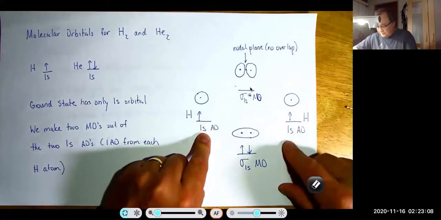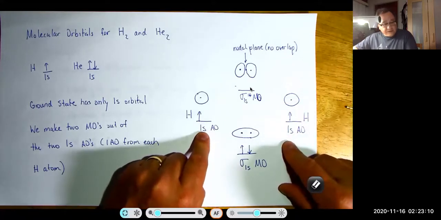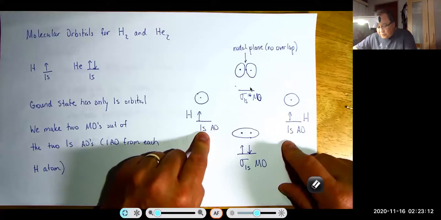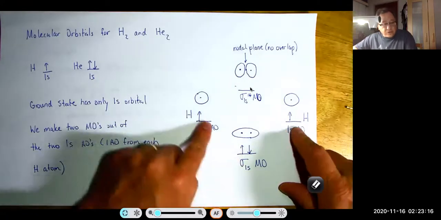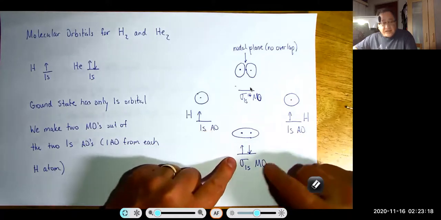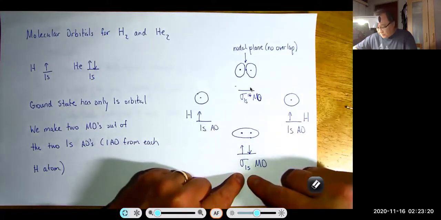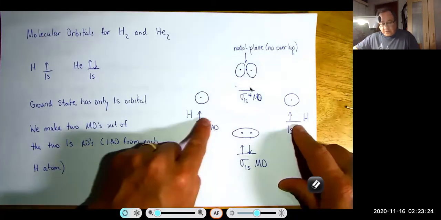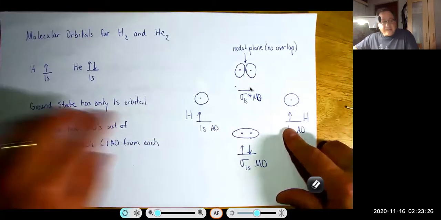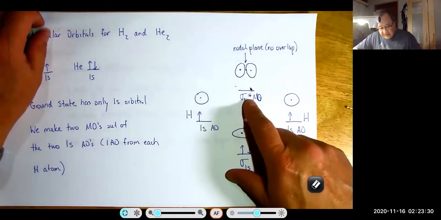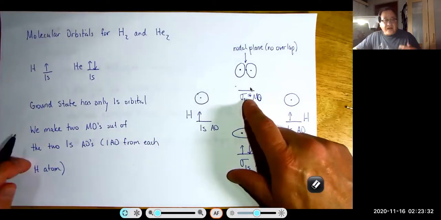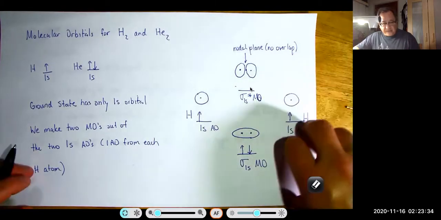The third thing to notice is that when we get the 2 molecular orbitals, one of them is more stable than the original orbitals, and it's called a bonding molecular orbital. The other one is less stable than the 2 original orbitals, and it's called an anti-bonding molecular orbital. You see that little star there? That star says anti-bonding.